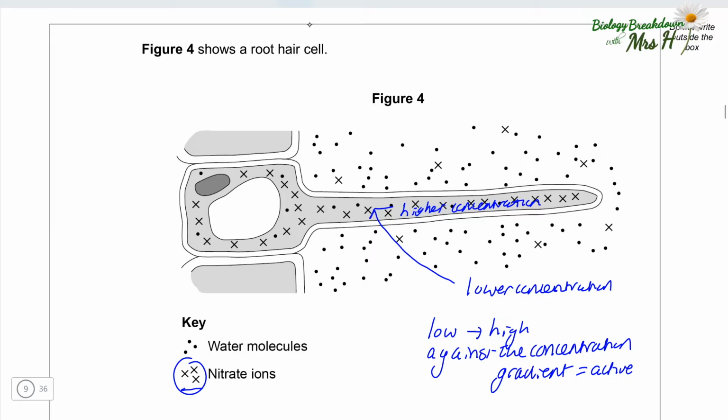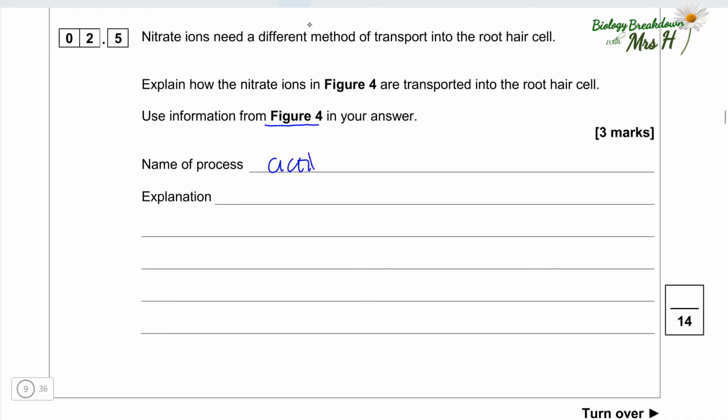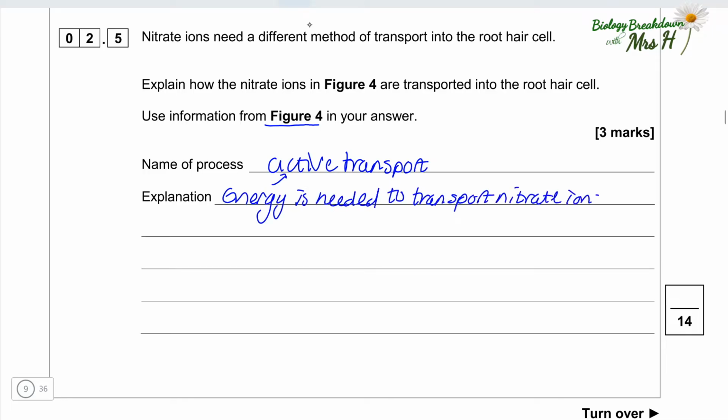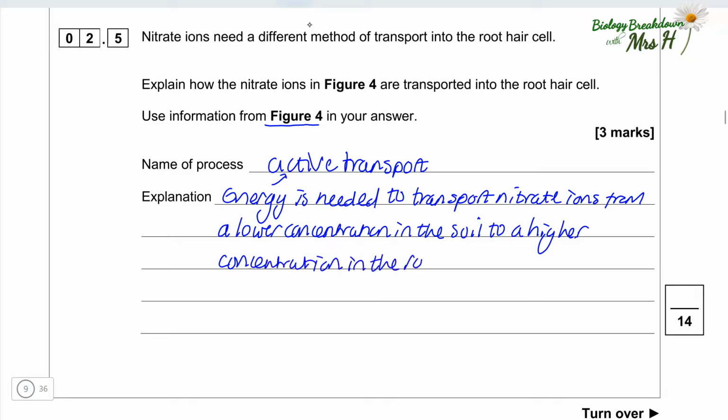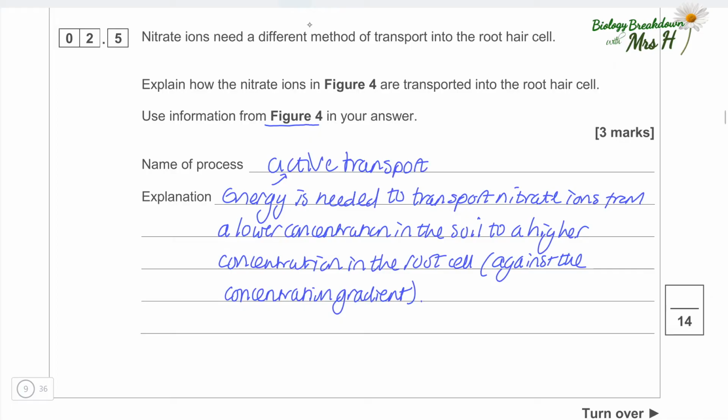So that means against the concentration gradient, which we know is active transport, and it's active because it needs energy to be able to do that. So the name of the process is active transport. Energy is needed to transport nitrate ions from a lower concentration in the soil to a higher concentration in the root cell against the concentration gradient.